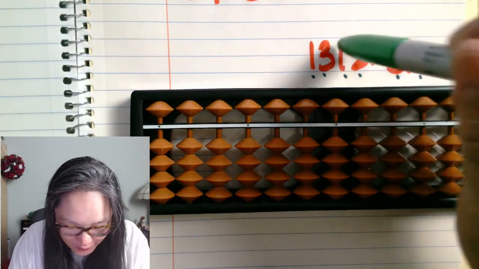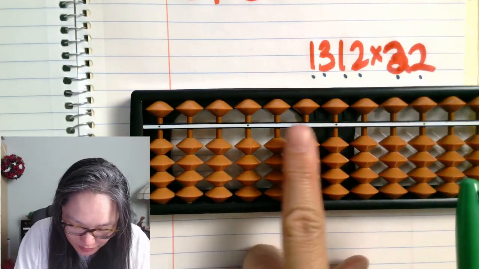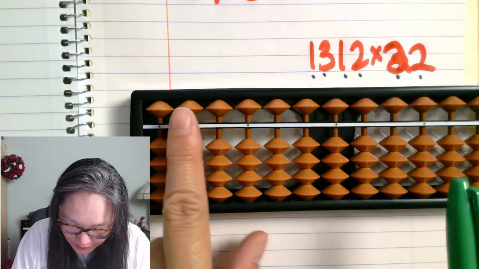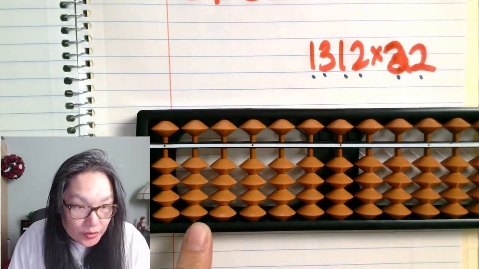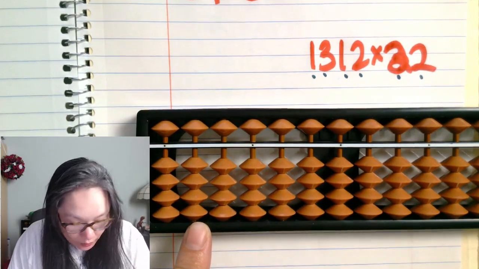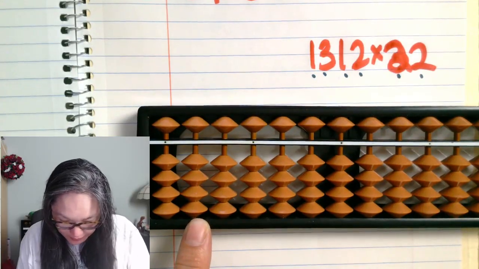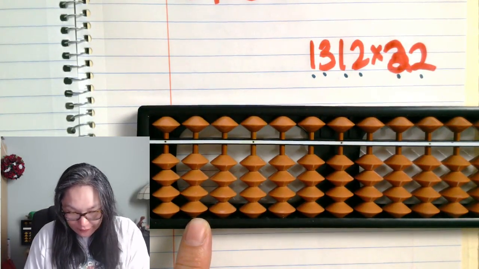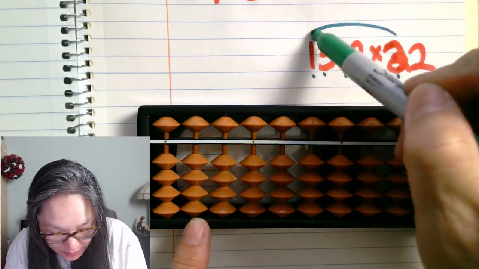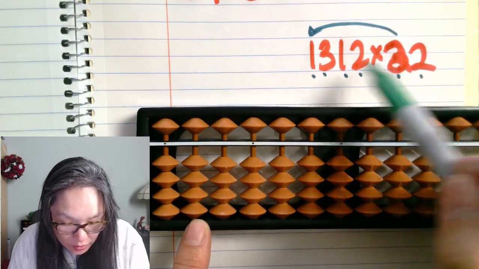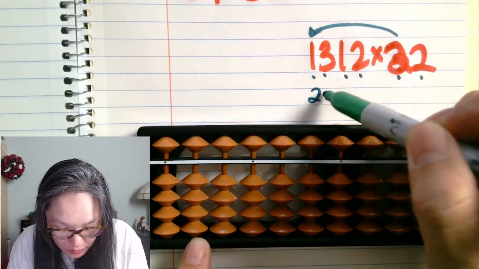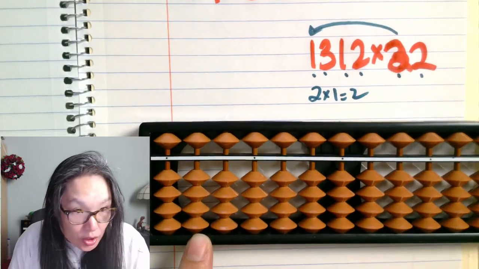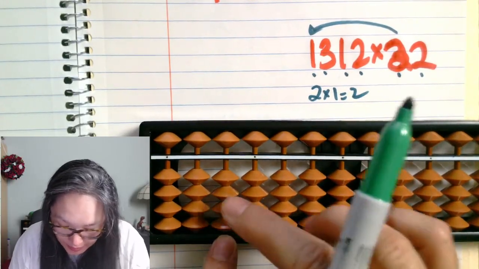So the first thing we're going to do is our left side first. What does that mean? We do this to this. 2 times 1 is equal to 2. 2 is a single digit. I go back one column, I add my 2.